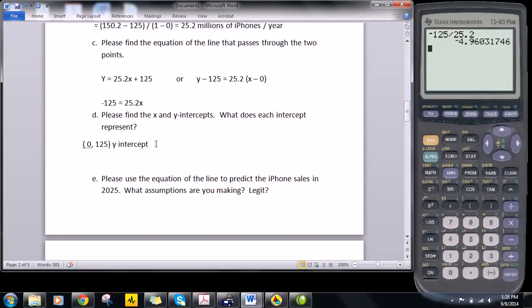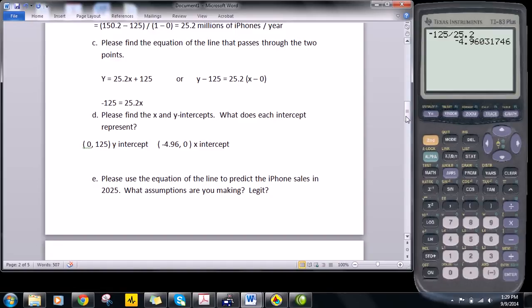Therefore, negative 4.96, comma 0 is my x-intercept. And of course, this would mean the year during which we sold 0 million iPhones.